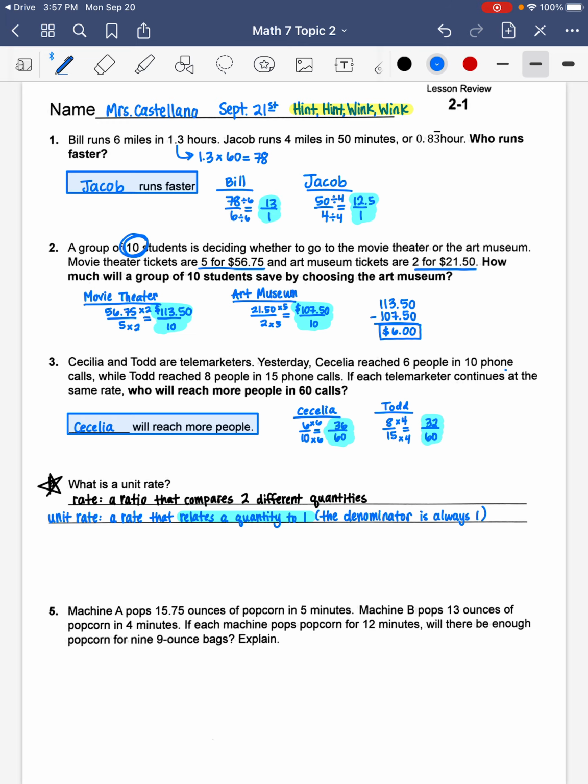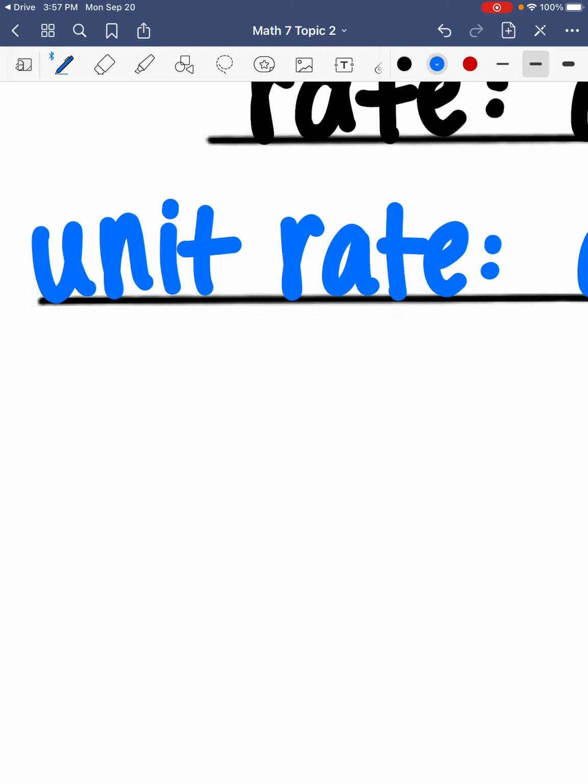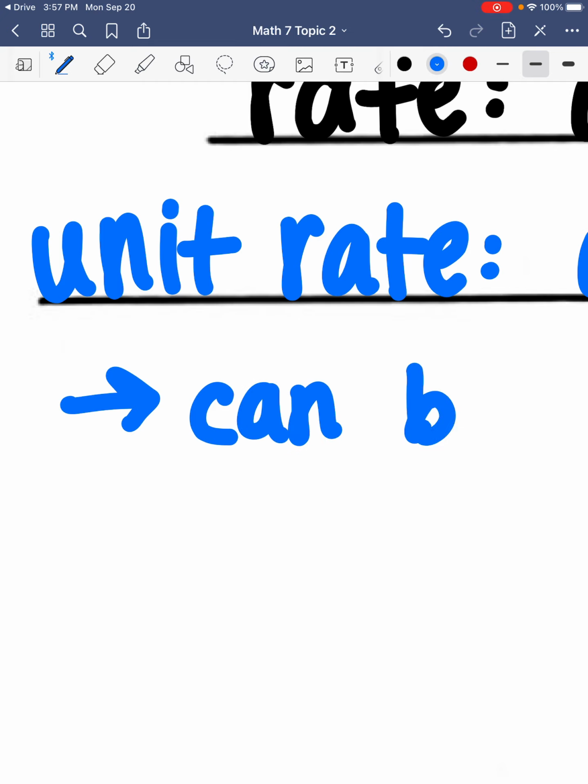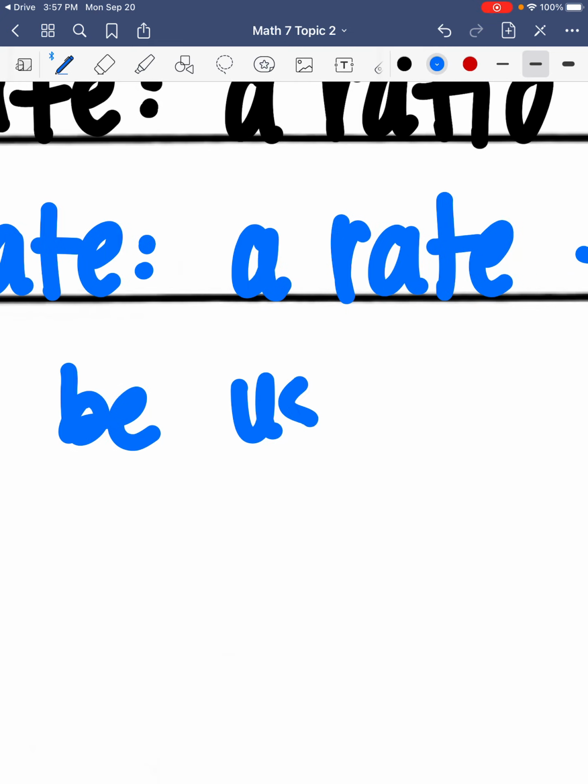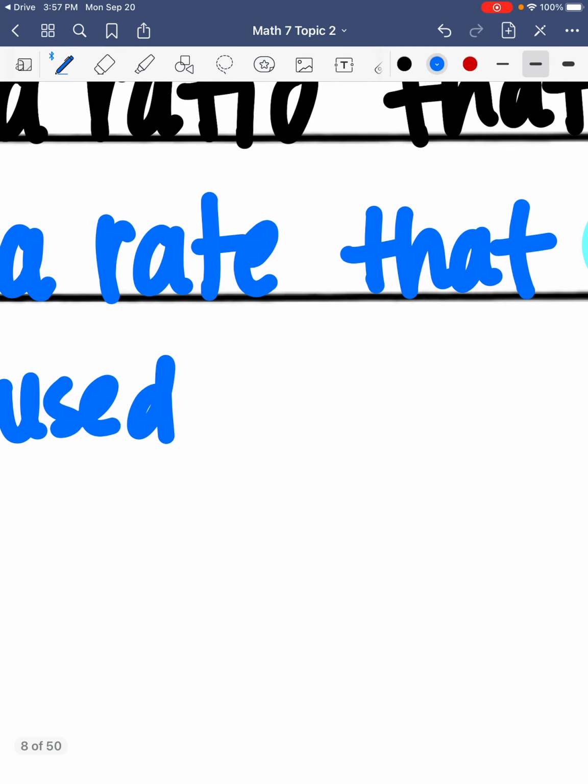Information about unit rates that is helpful, or reasons why they are helpful: they can be used to compare two rates.